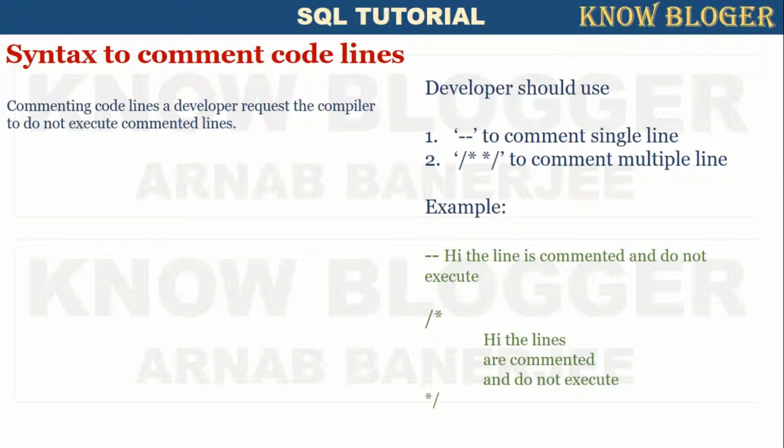For multiple line commenting, we should use the tags of slash asterisk. We need to start with slash asterisk and end with asterisk slash, and write all the lines that should be commented between the tags. So you can see on the screen how a line can be commented.